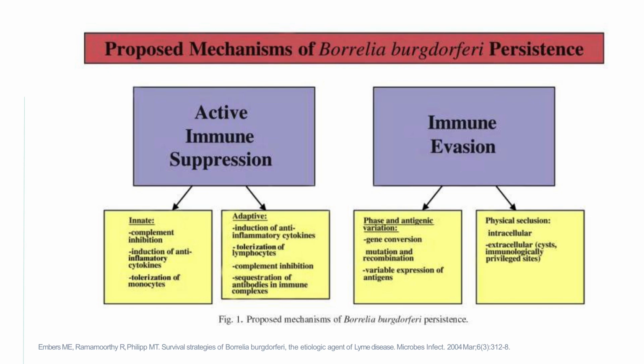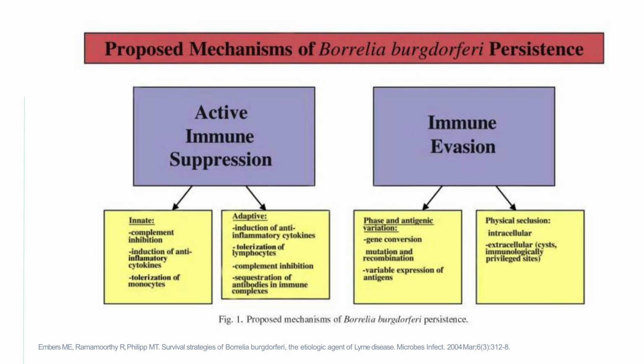So what are the proposed mechanisms of Borrelia persistence? And they're really split into two. It's the active immune suppression and then the immune evasion. And it's those combinations of those two, and exactly what we've just been speaking about. It's about the complement inhibition, induction of anti-inflammatory cytokines, and tolerization of the lymphocytes and monocytes when it's injected into the system.